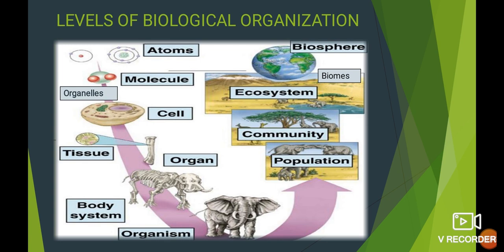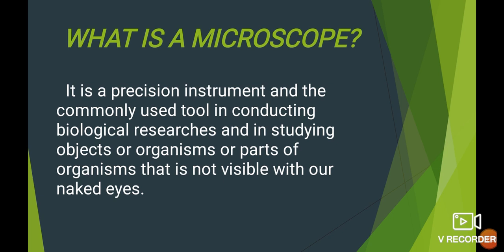That is where microscopy or the microscope comes in. And again, this instrument is not new to you because I know some of you have used a microscope in school. But for those who haven't, you are already aware of what a microscope looks like.